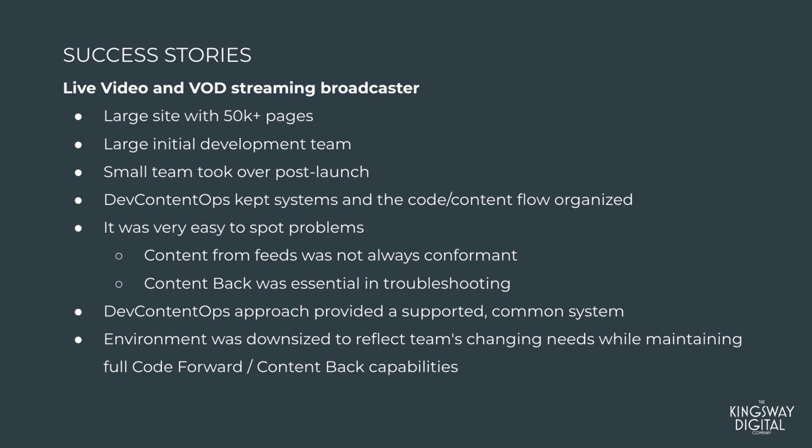So we needed a robust DevContentOps process to keep things organized with that large team, with all of that content, and with multiple iterations through the launch process. Adopting this process made it really easy to spot problems that arose. Content coming in through video systems does change from time to time. The structure can change, and the feeds are not always fully conformant.